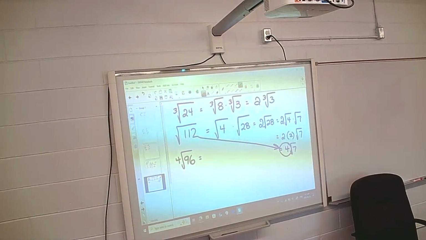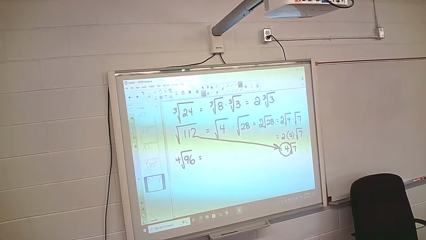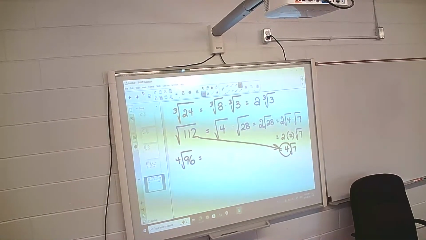You got to think it's small, right? Because what's 3 times 3 times 3? 27. 27 times 3? 81. So 81 is a 4th root. Does it divide evenly into 96? No.